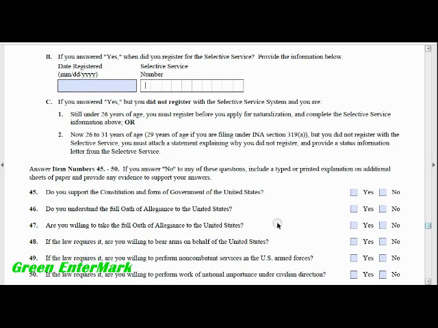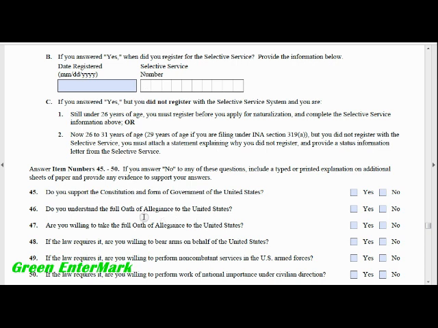Now, answer items 45 to 50. If you answered no to any of these questions, include a typed or printed explanation on an additional sheet of paper and provide any evidence to support your answer. Do you support the Constitution and form of government of the United States?